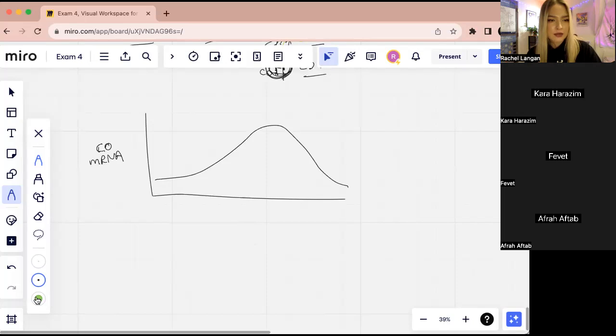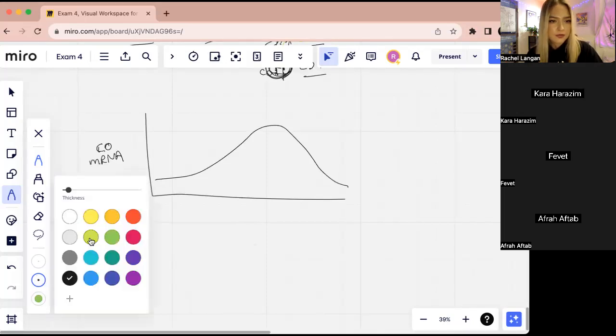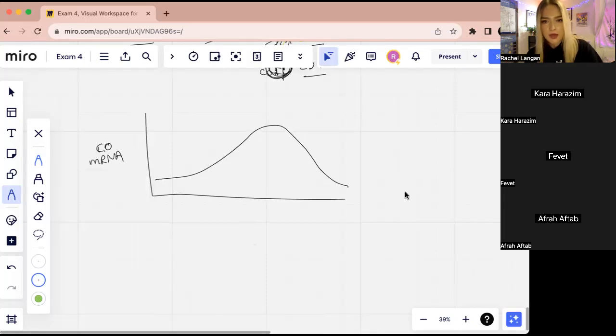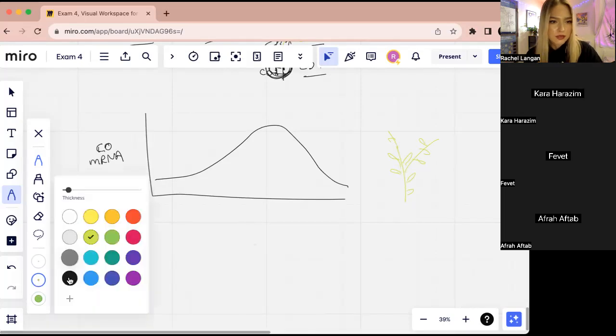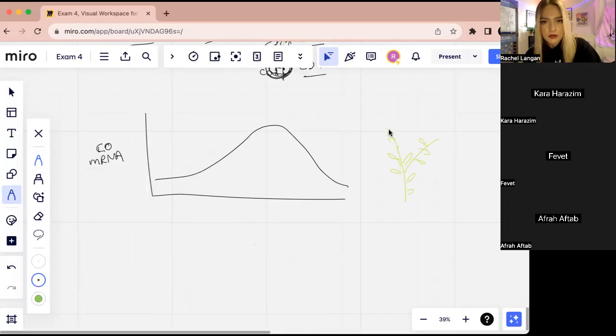And let's say you're told you have a short day plant but you've grafted on a long day plant.